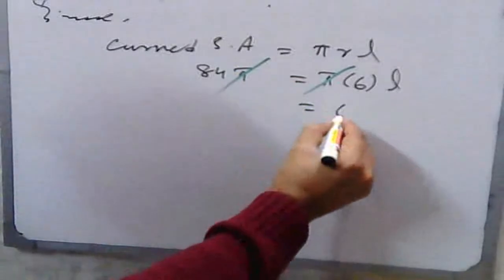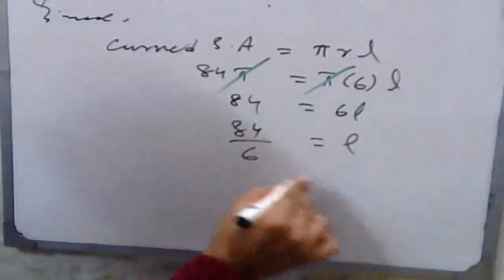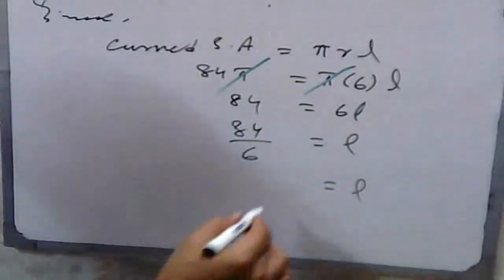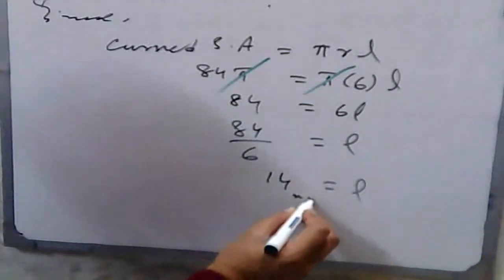So you will get 6L equal to 84, we need L, 84 divided by 6. So the slant height is 14 millimeter. So that is your required result.